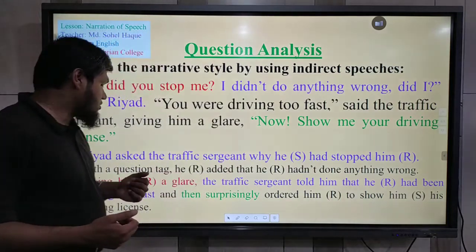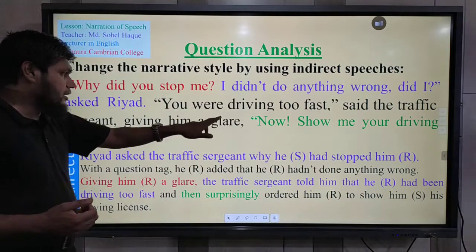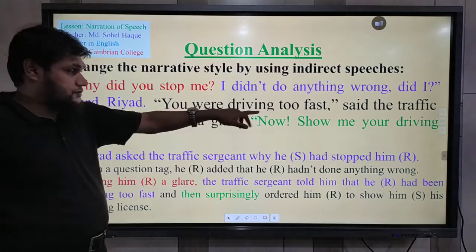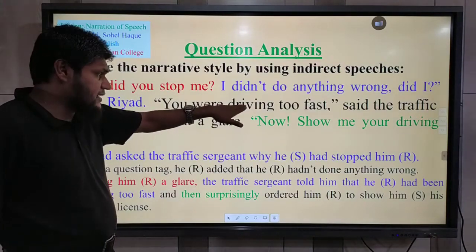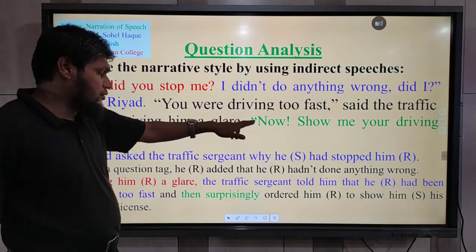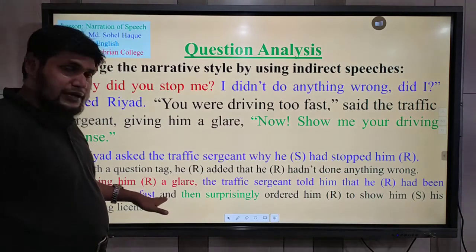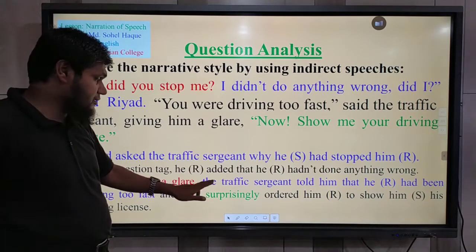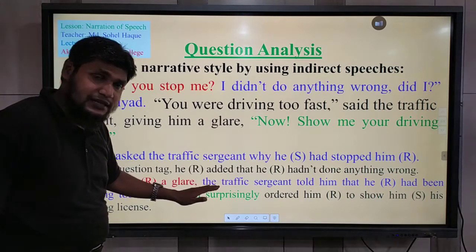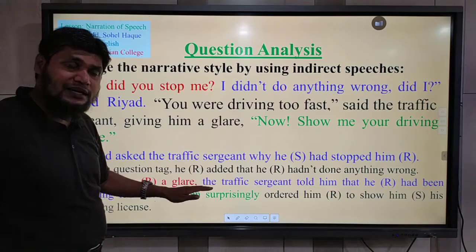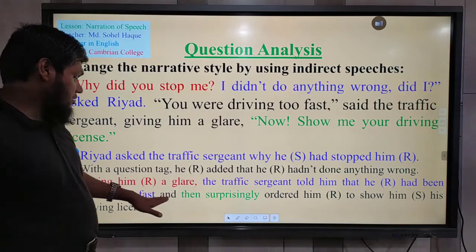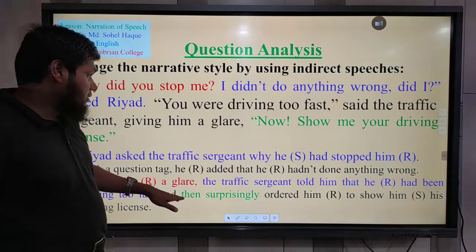So you may join this speech with the first sentence. You join with then, because the speaker is the traffic sergeant here, and both speeches are delivered by the traffic sergeant. So you should use and then.